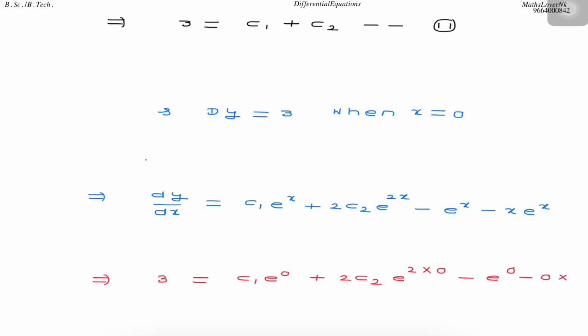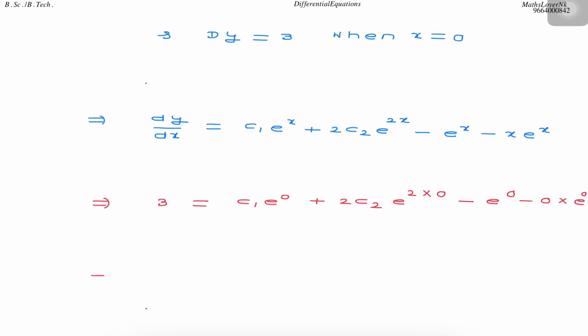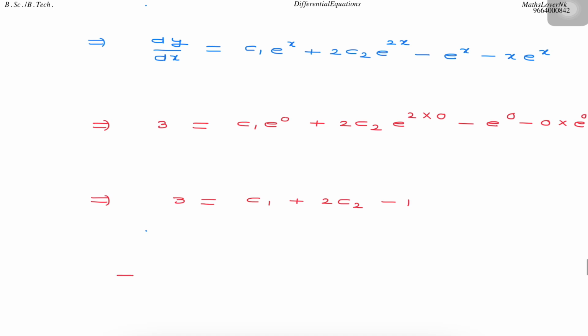It becomes 3 is equal to C1 plus 2C2. The value of e the power 0 is always 1, so minus 1. Now it becomes C1 plus 2C2 is equal to 4. It is equation third.